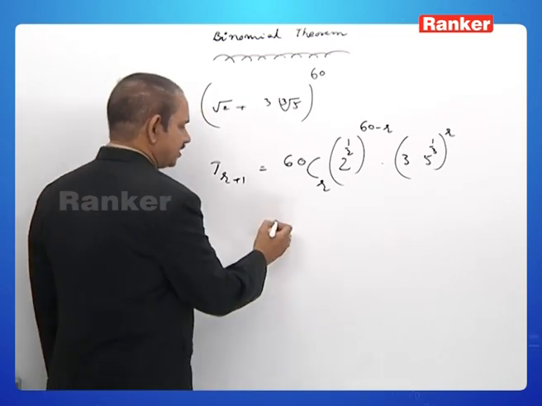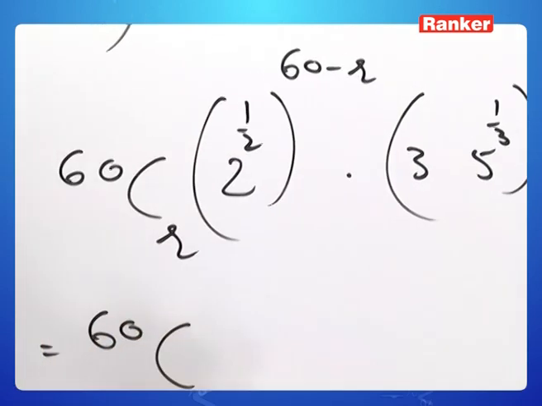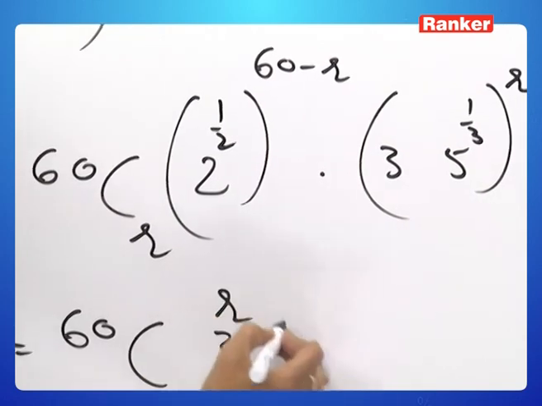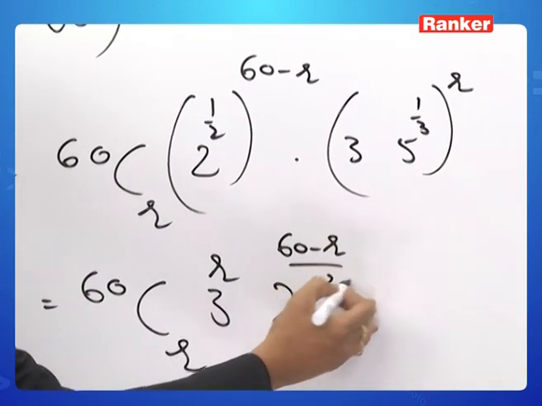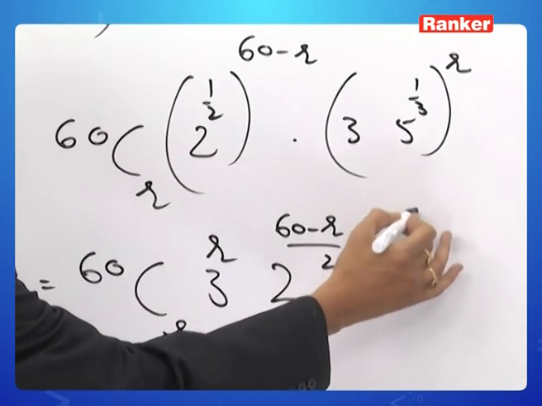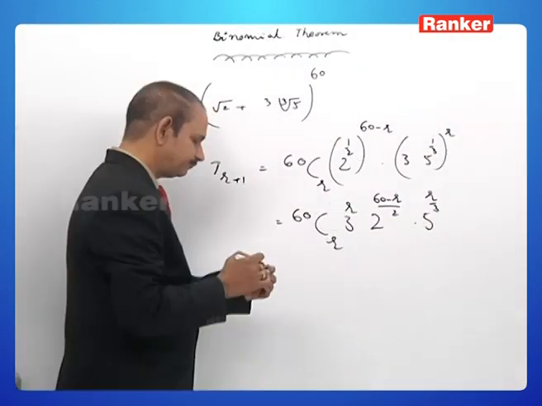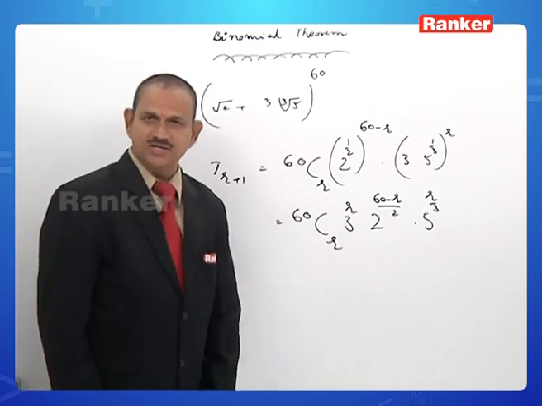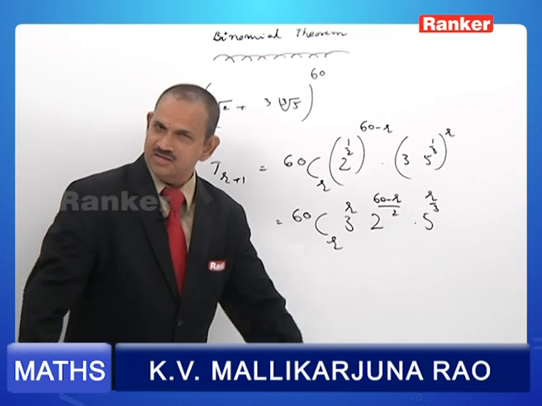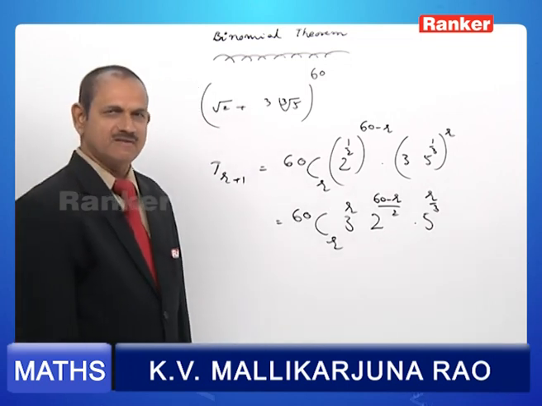On simplification, it becomes 60 Cr, 3 power r, 2 power (60 minus r) by 2, into 5 power r by 3. Good. 60 Cr is an integer, 3 power r is an integer for any integral value of r.